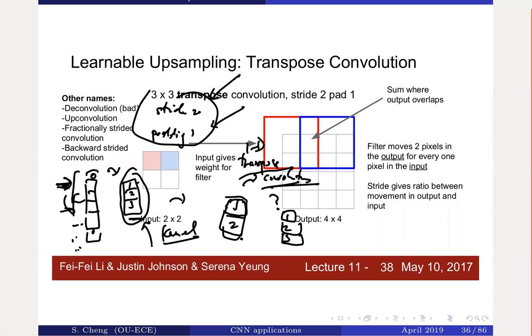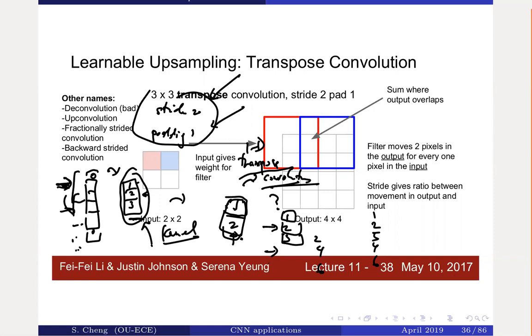Then I should stride 2, I should skip 2 steps here. I will skip to here. Then again, this one multiplied by this one here. So it will be 2, 4, 6 here. So the entire output will become 1, 2, 5, 4, 6.